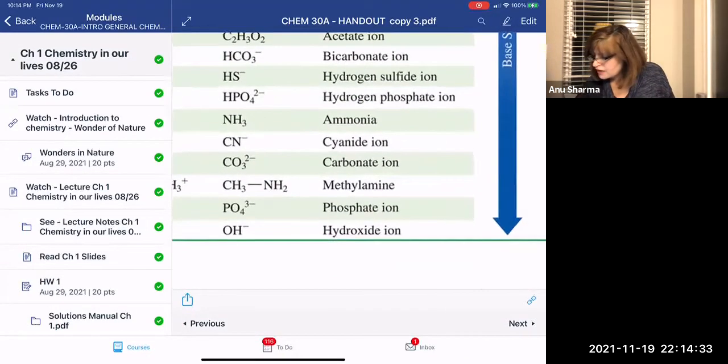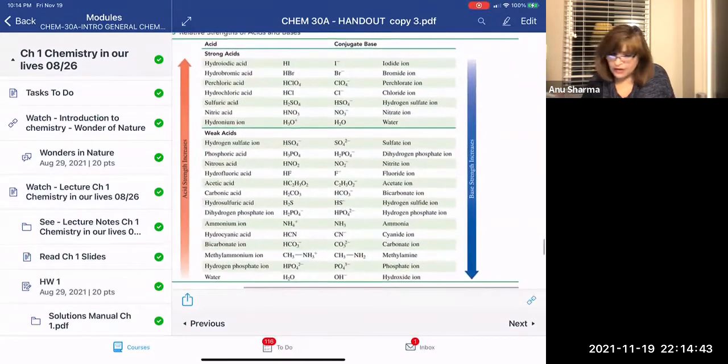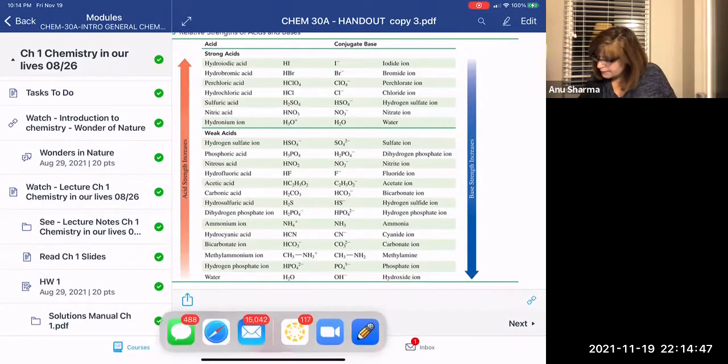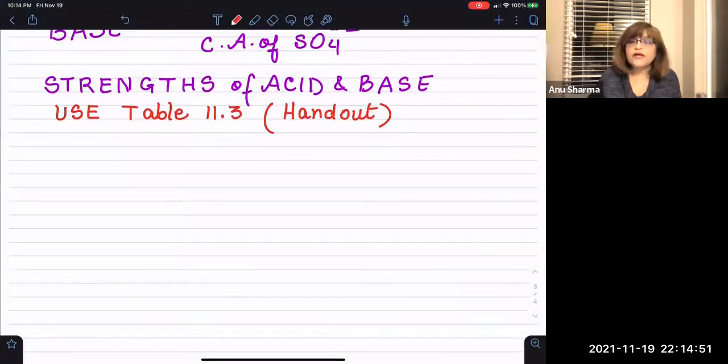So as you go down, the phosphate and the hydroxide are strong bases, okay? Now we are going to apply this information in determining the direction of the equilibrium.